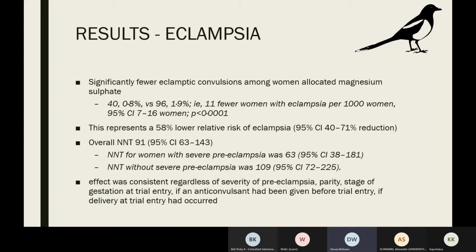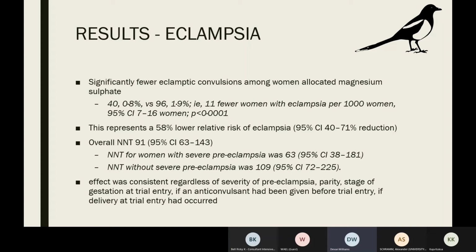I think for treatment you get 11 fewer women with eclampsia per 100,000 women, with a highly statistically significant p-value. The number needed to treat with severe preeclampsia was about 63. Without severe preeclampsia, that went up to about 109.